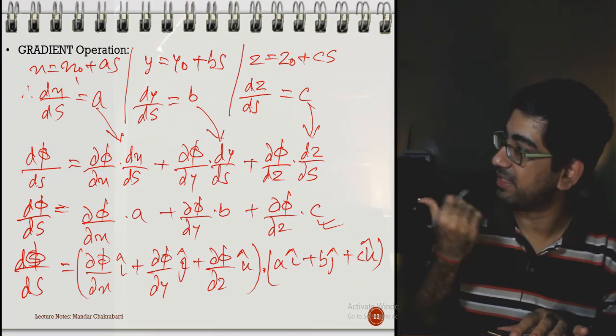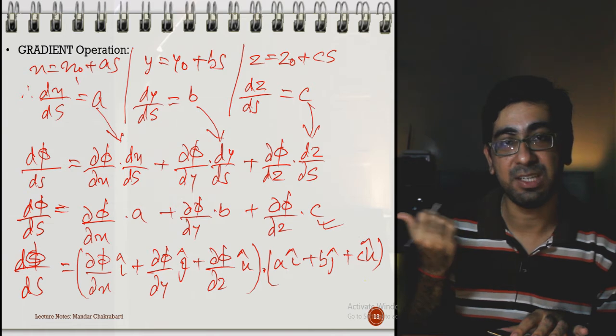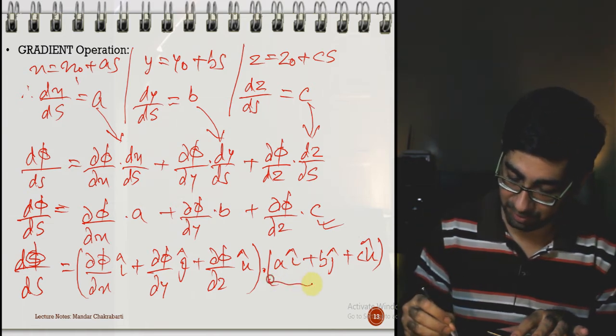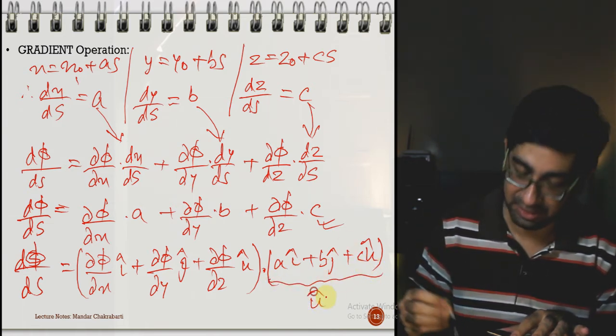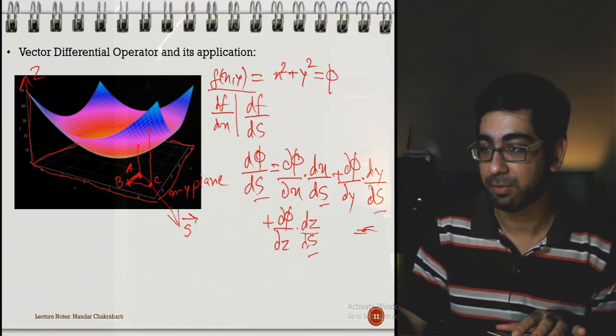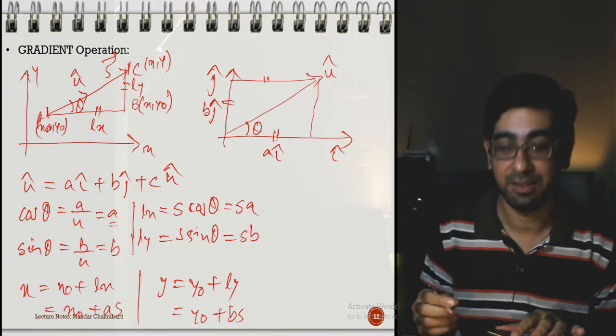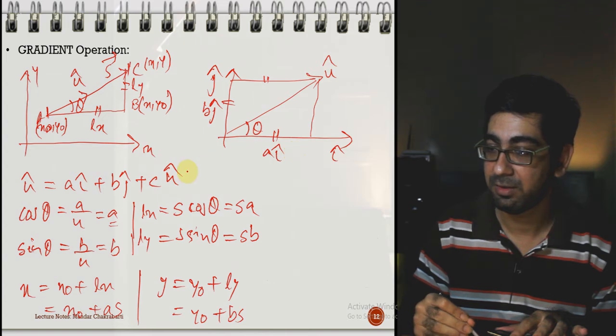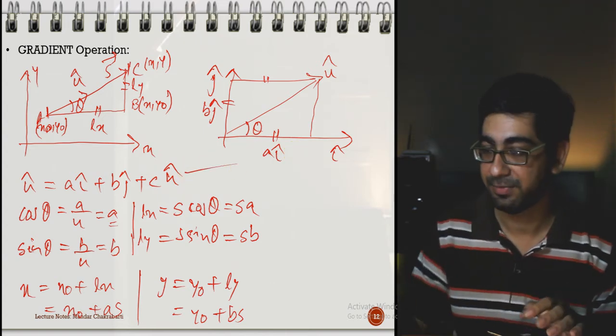Okay, and this one that I landed up with over here, this one is nothing but the u vector. Check it out. See, right there, u vector over here. That's the u vector.